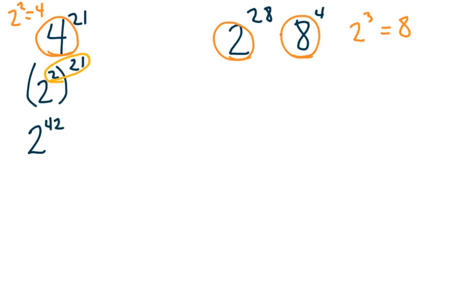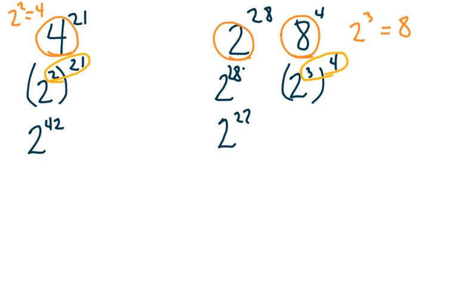On the other side, I already have a base of 2 for the 2 to the 28th, so I'm not going to change that. And then 8 I'm going to replace with 2 to the 3rd because that's equivalent, and raise it to the 4th. Now I have a power of a power property. So I multiply those exponents. I have 2 to the 28th times 2 to the 12th.